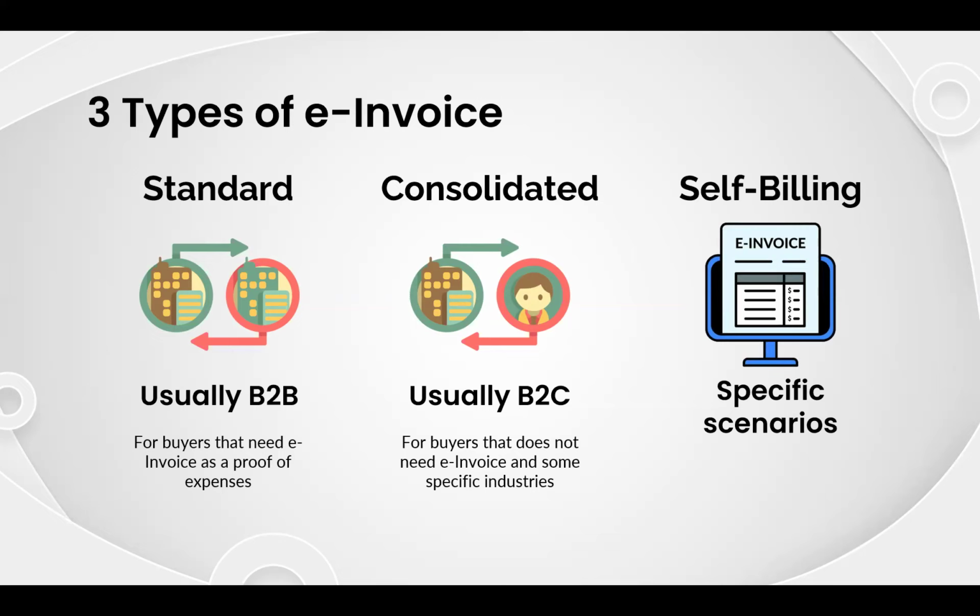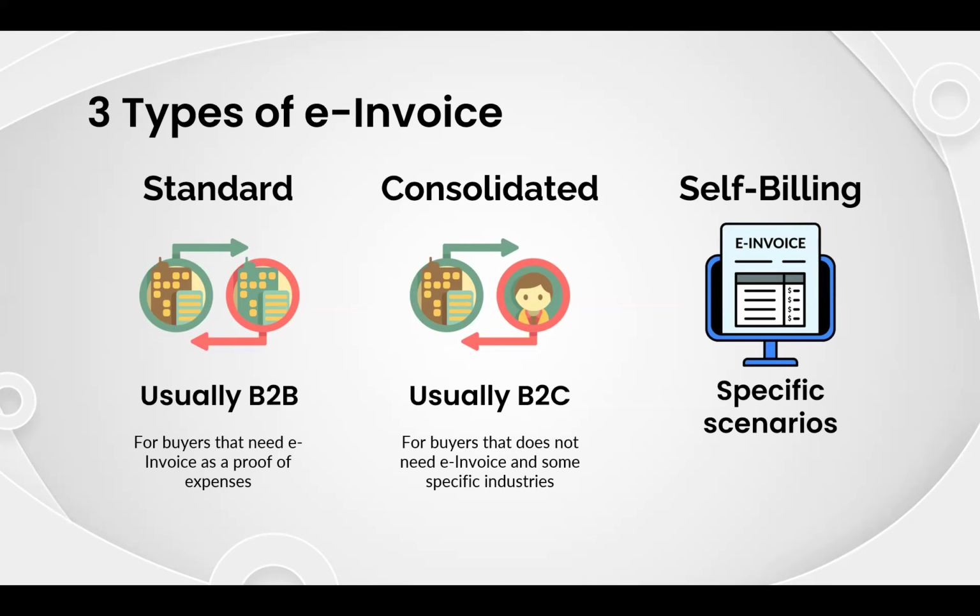The second type of e-invoice is the consolidated one. This one is B2C, business to consumer. Let's say I go to 99 and buy a Milo. Because I'm the end user, the consumer, I don't need to claim any tax. I buy it for my family's use.